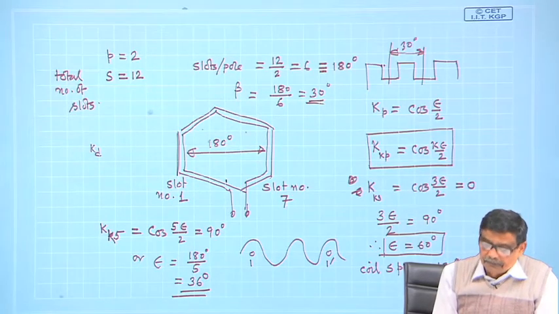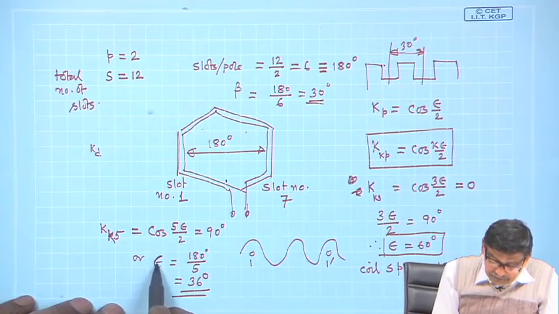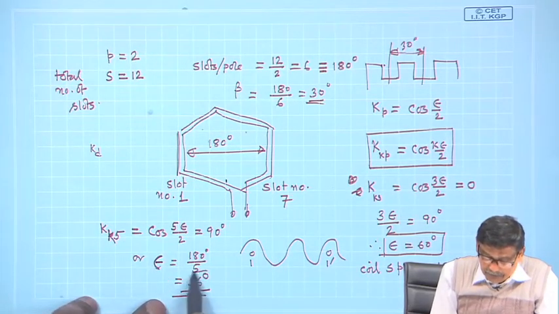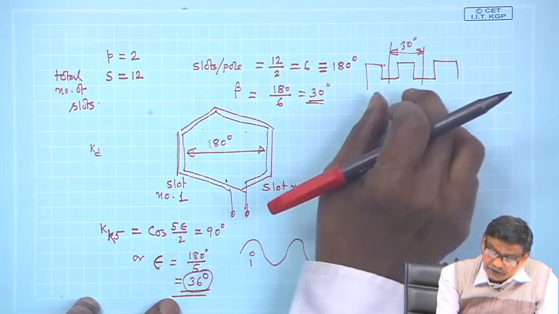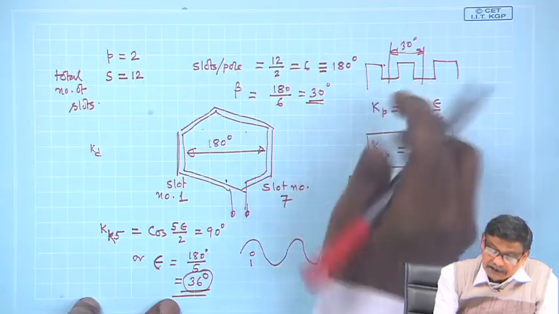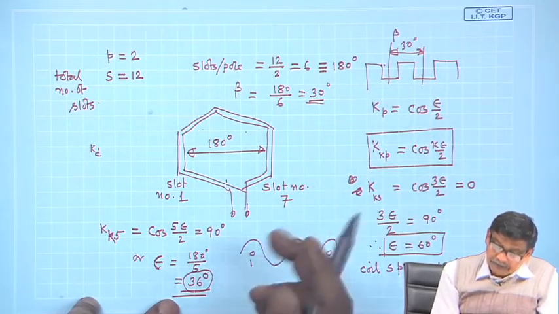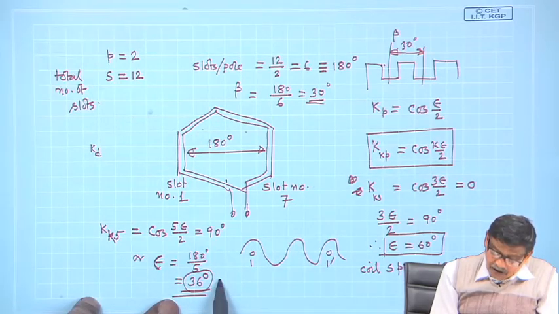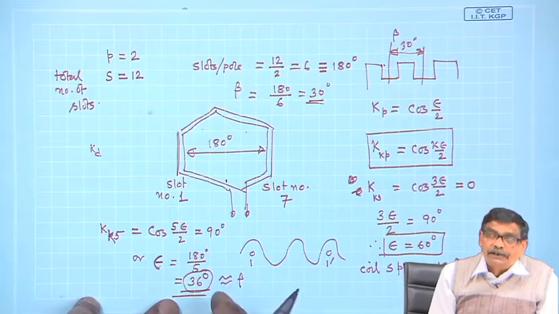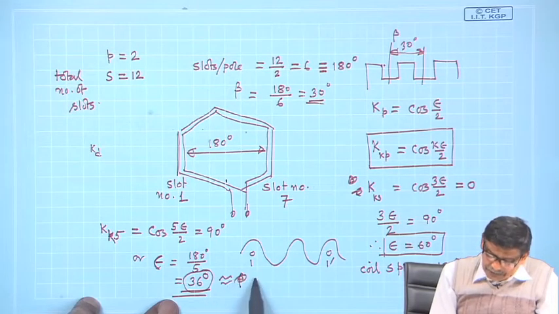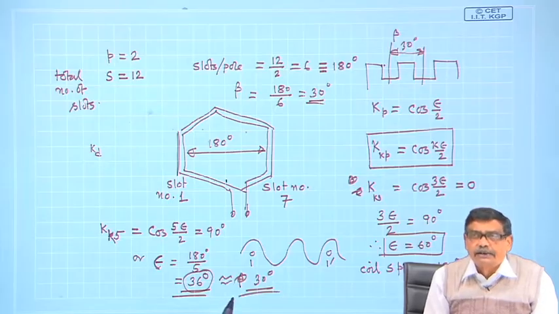What I will do is take whatever epsilon I have got and see how close it is to an integral multiple of the slot angle beta. In this case the nearest value is 30 degree. So I will short chord it by 30 degree.